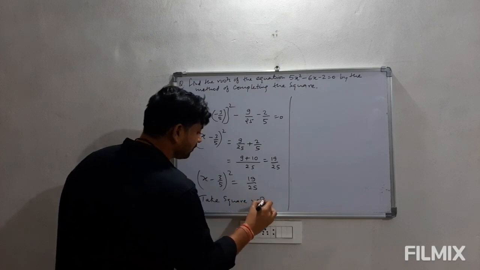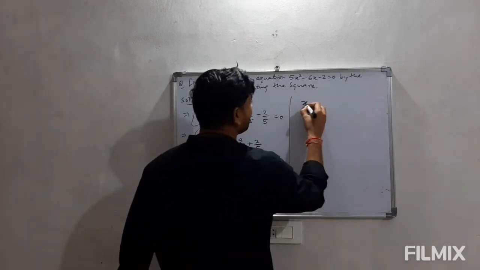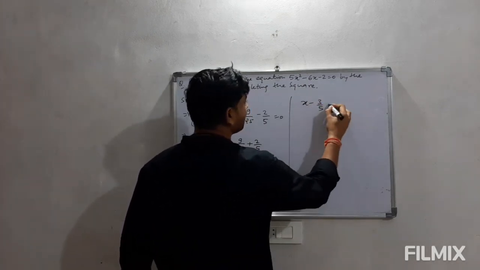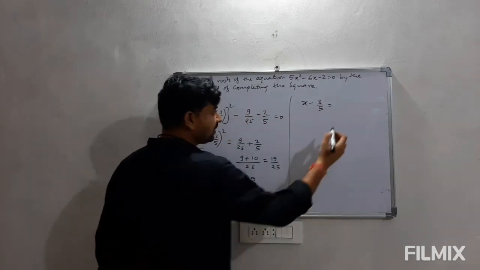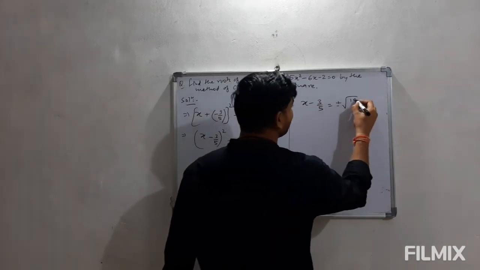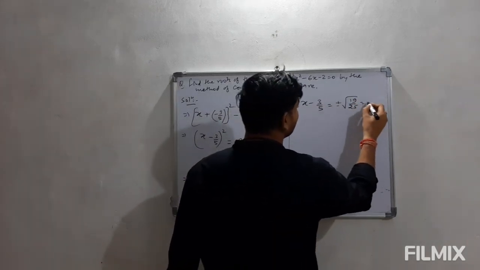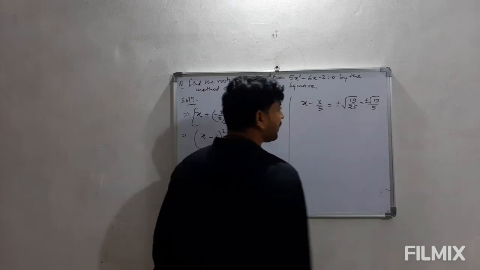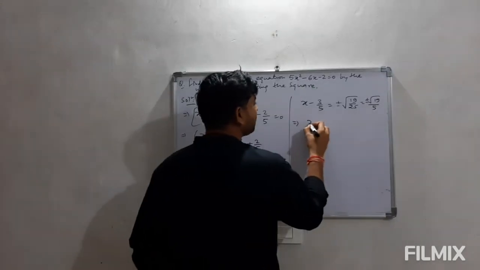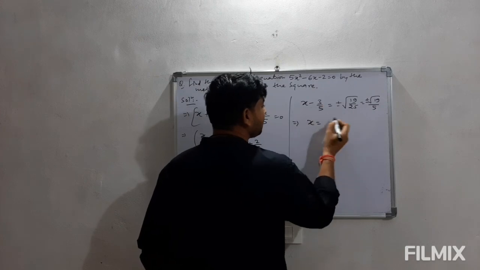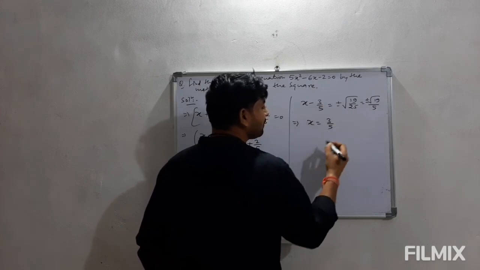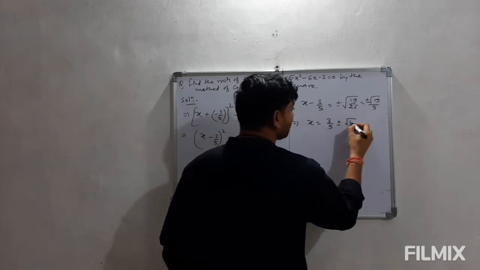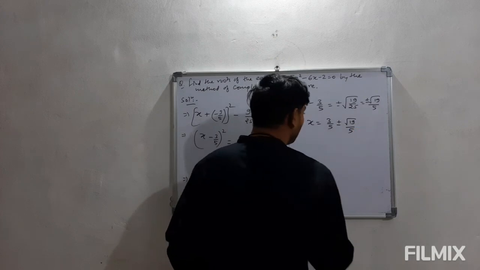Let us take the square root of this. What we will get? In the whole square part, the square will be removed. Here we will get plus minus root 19 upon 25, which is nothing but plus minus root 19 upon root 25. Root 25 is 5. Now we can shift this minus 3 by 5 to RHS. This will become plus. Then plus minus root 19 upon 5.